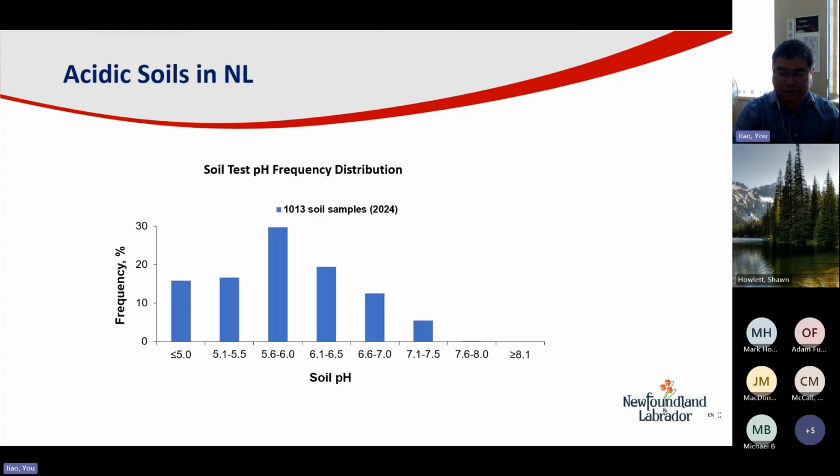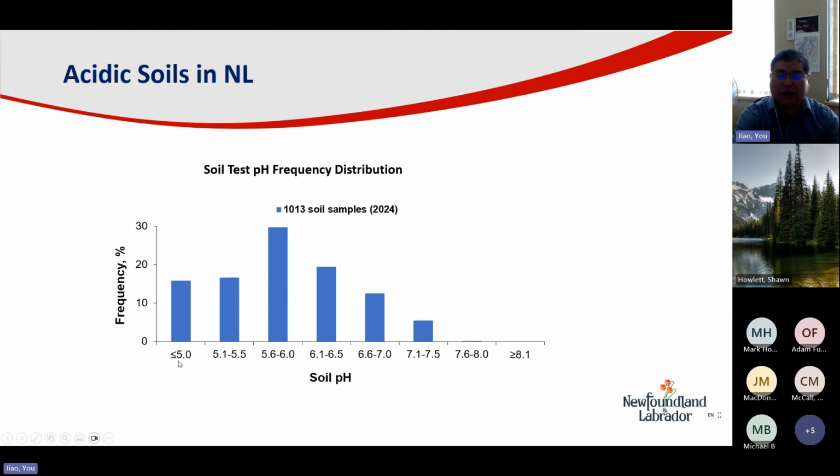Acidic soil is the natural soil in Newfoundland. This is from our lab, which analyzed 1,013 soil samples last year. We put it in the chart, and it shows most of the soil pH is low, below pH 6.